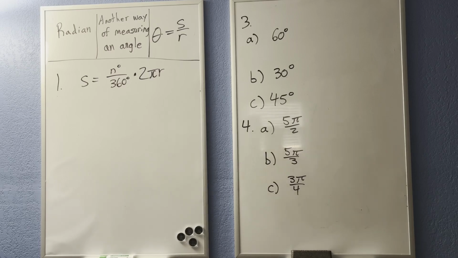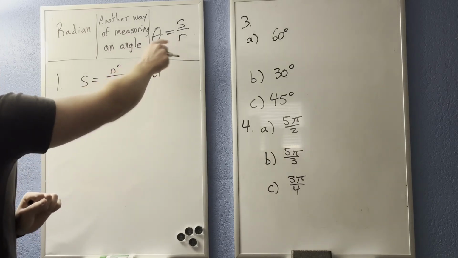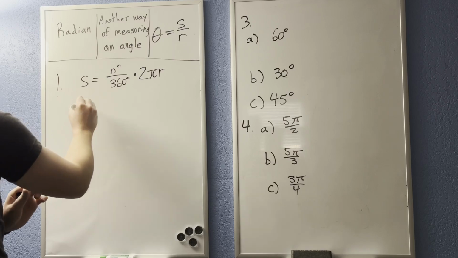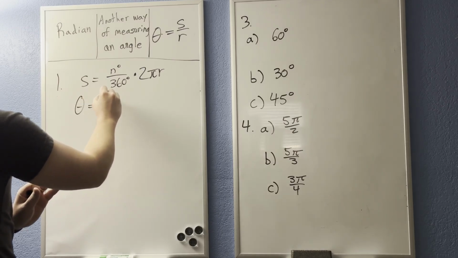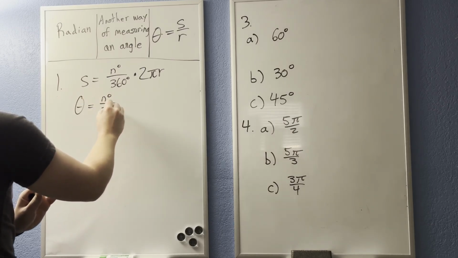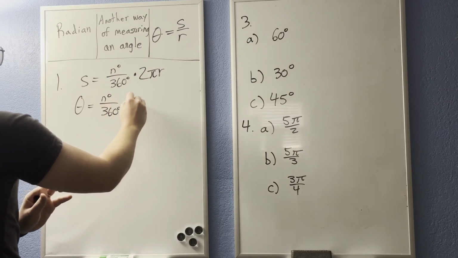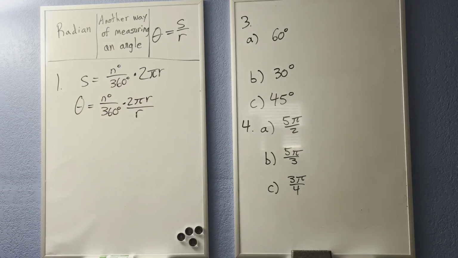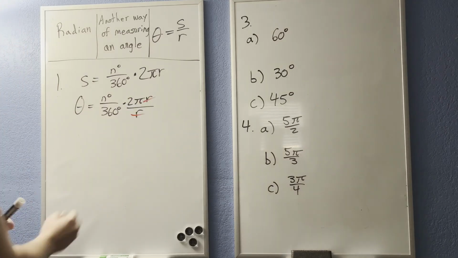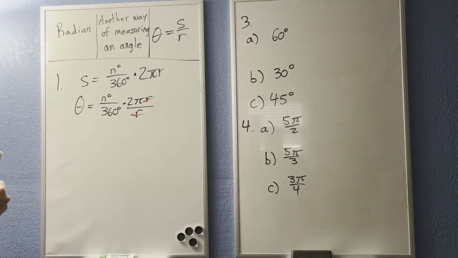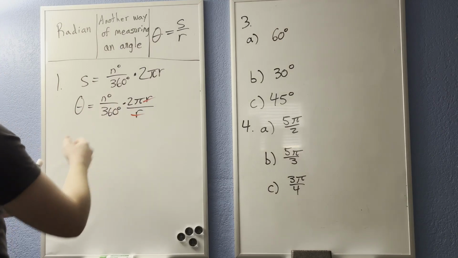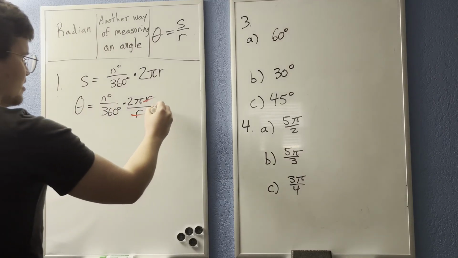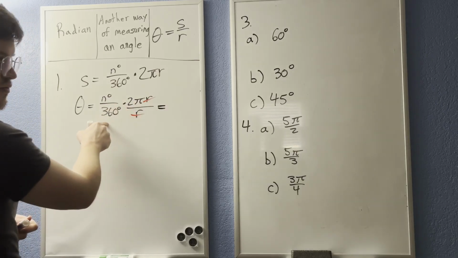Okay, so if we want to rewrite this equation, we have theta equals n degrees over 360 degrees times 2 pi r over r. And so what happens here is we can cross out a couple things. We can cross out the r's, and we can simplify 2 pi over 360 to 1 over 180.